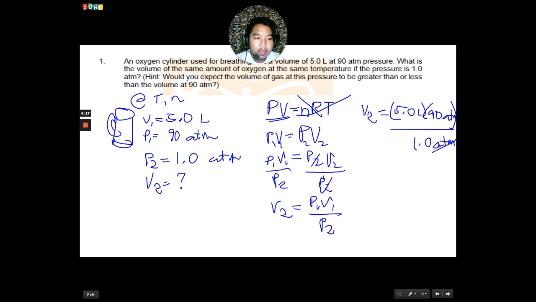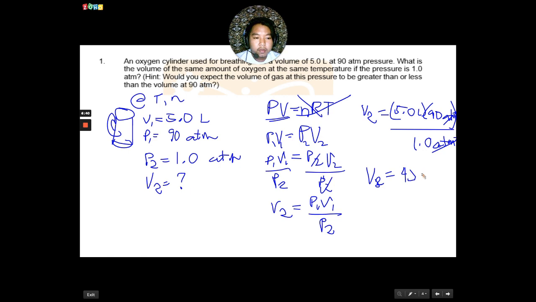So atm will cancel, so we'll be left with liters as unit. So that's over 1, so we simply multiply 5.0 liters times 90. I think we don't need a calculator for that, because 5 times 9 is 45, no? So it's 90, so that would be 450.